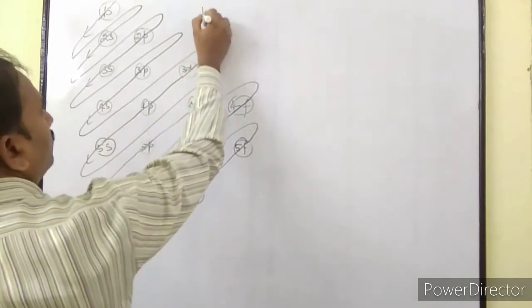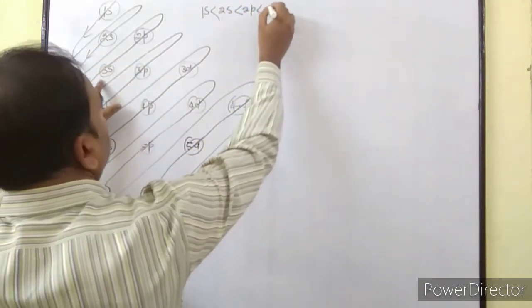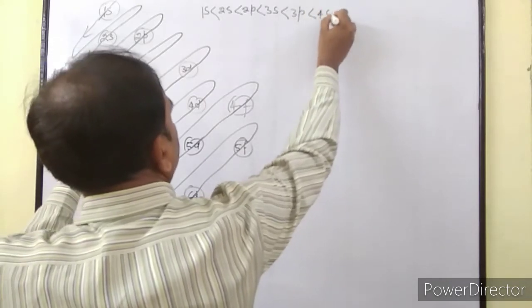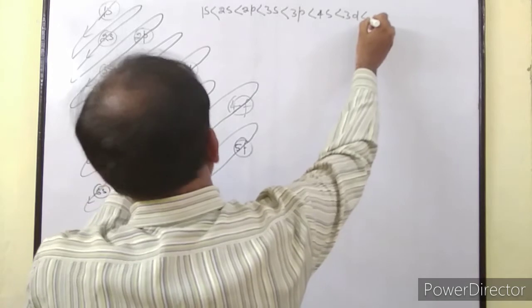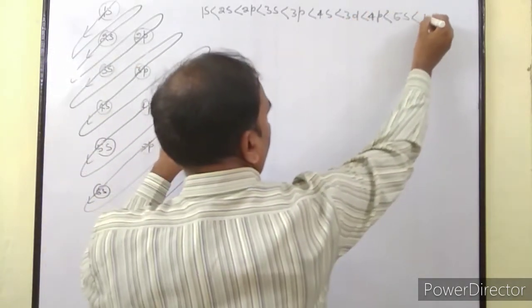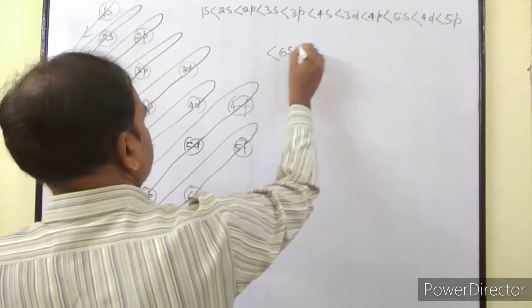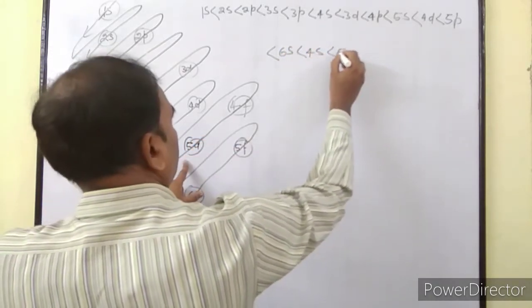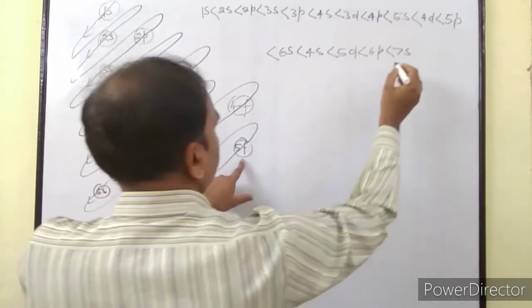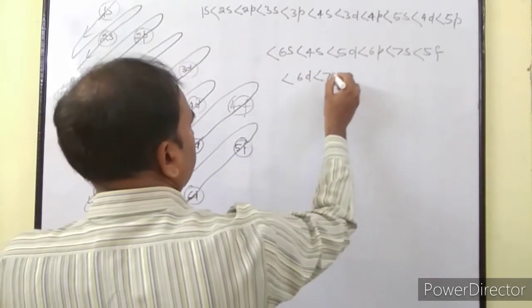According to this, we can write 1s, then 2s, then 2p, then 3s, then 3p, 4s, 3d, 4p, 5s, 4d, 5p, 6s, 4f, 5d, 6p, 7s, 5f, 6d and 7p.